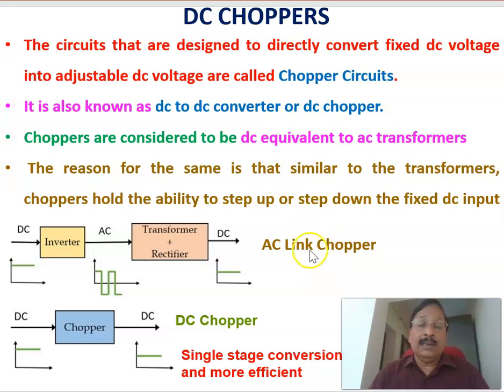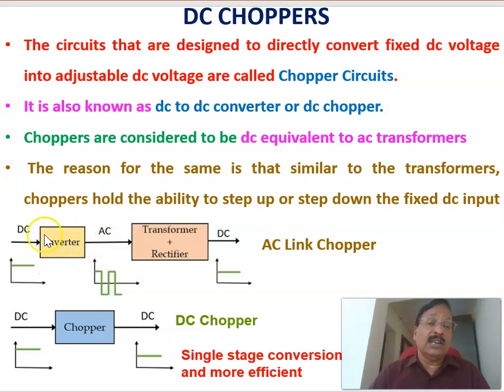Now, as a classification of this type of choppers, this is called the AC link chopper. In the AC link chopper, input is DC and output is again DC, but the conversion involves first converting the DC to high frequency AC, which is called inversion.